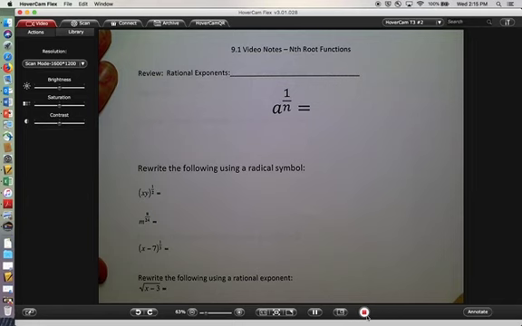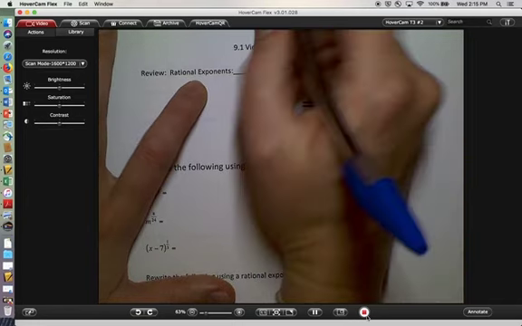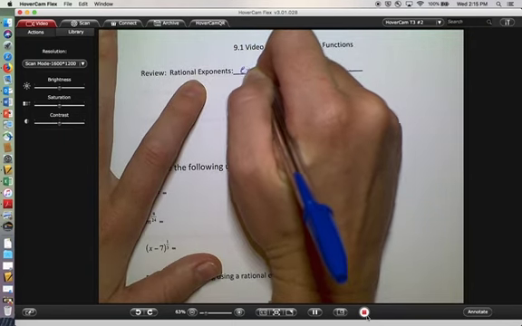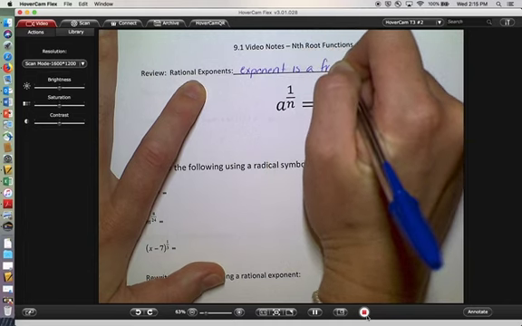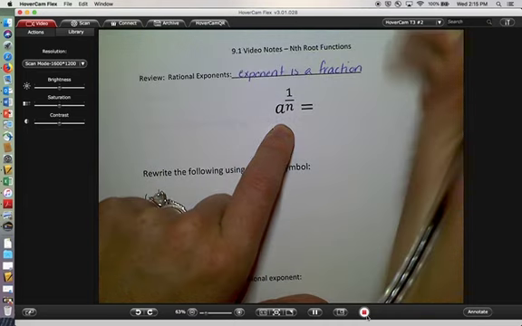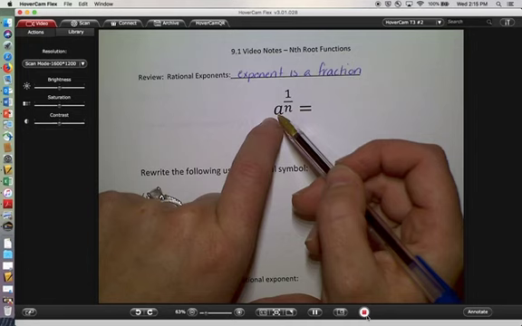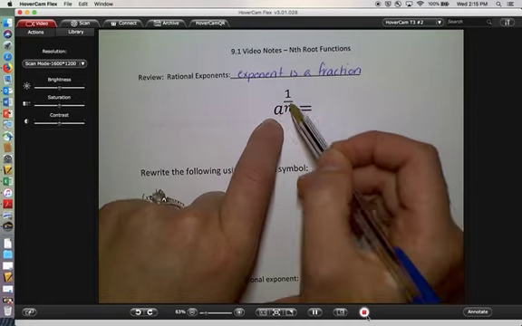other. Little helpful thing to remember, when we talk about rational exponents, that's sort of a fancy way of saying that the exponent is a fraction. And so we have a very generic situation here. We have some either letter or variable, which we'll call a, and it's raised to the 1 over n, where n is just some number.